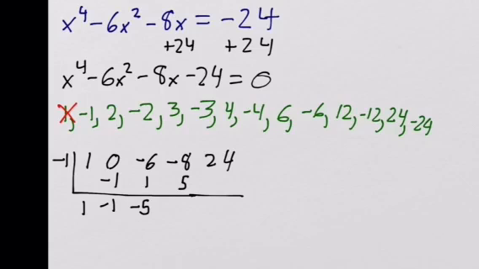Multiply by negative 1, and add. And multiply by negative 1 and add, I get 27. 27 is not 0, so I can eliminate negative 1. And now we'll try something different.